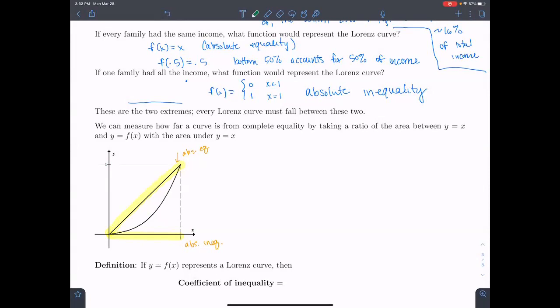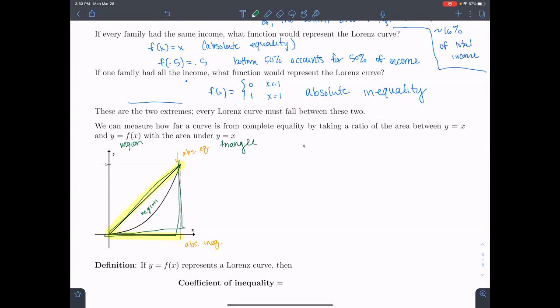So the big area here, the triangle, this would be the triangle, and then this would be the little region. So region over triangle.